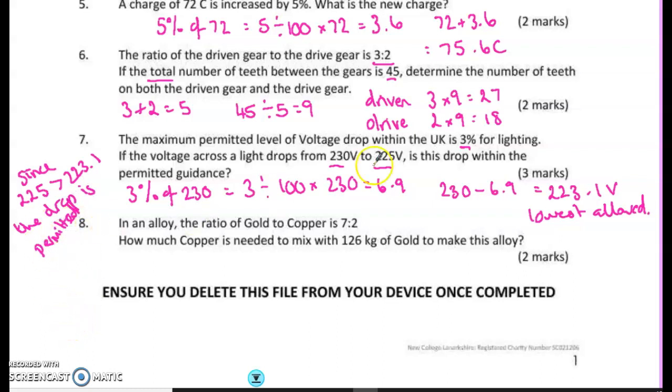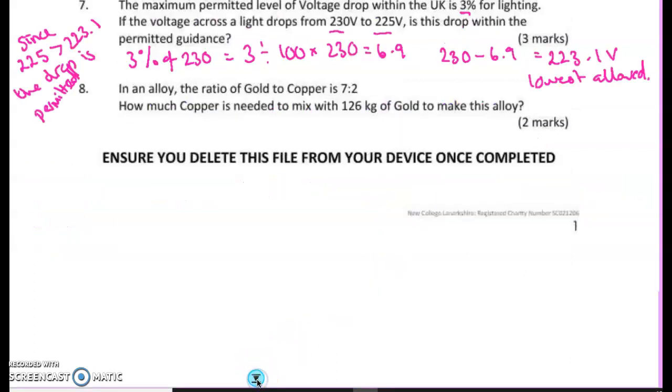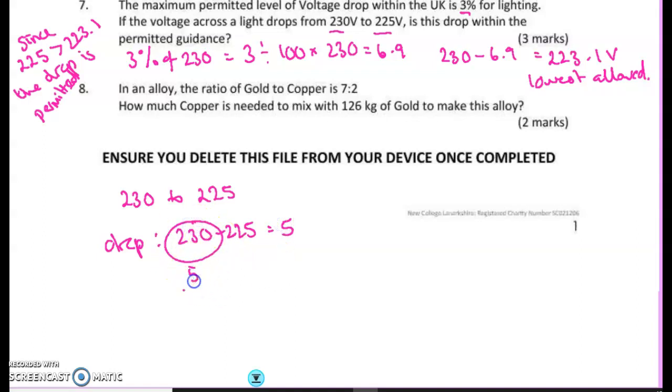If anyone did it the other way, if anyone did it by working out the percentage drop between that, that's absolutely fine as well. I'll do it that way as well. I'll just go down to the bottom of the page down here. So we've gone from 230 to 225. That is a drop of 5. I want to know what percentage that was of the original.